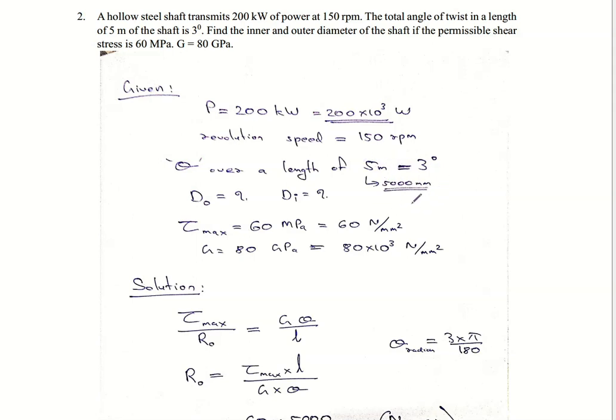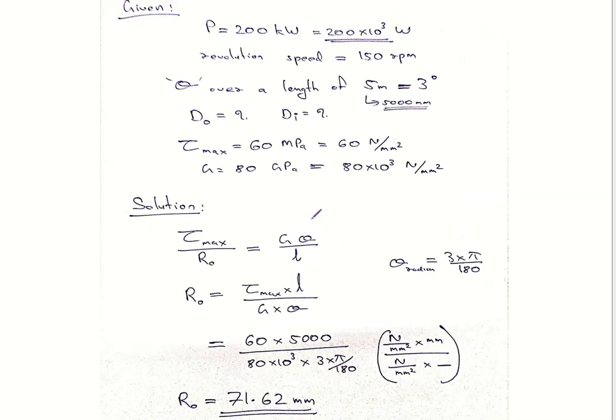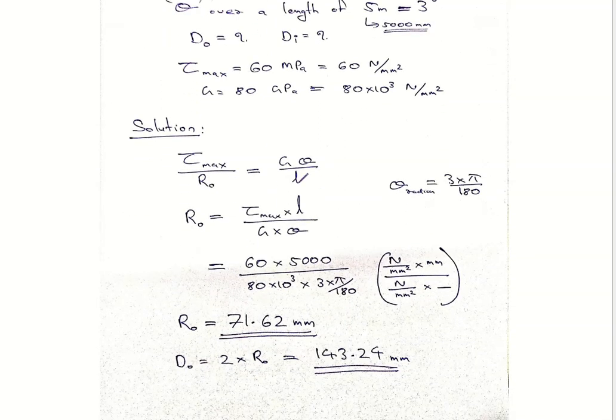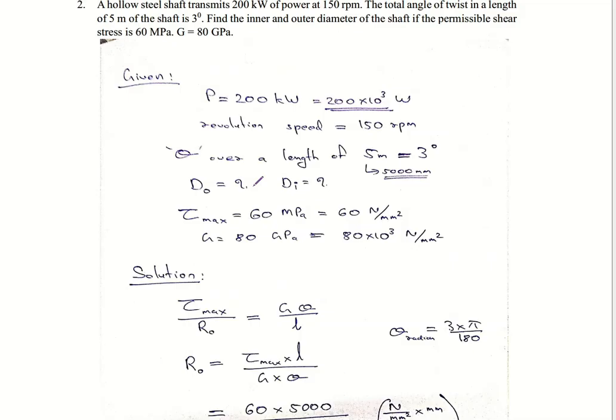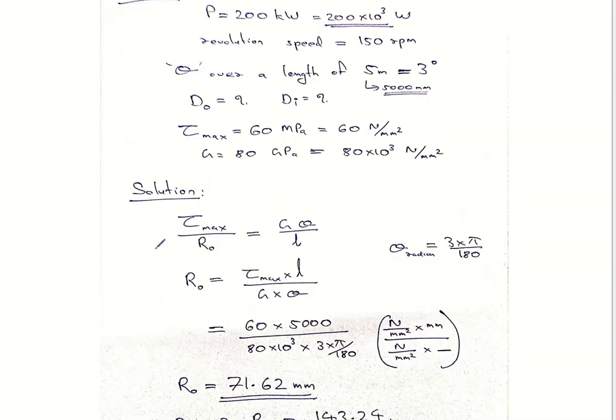We will be using it as 5000 millimeters. Tau max is 60 megapascals. Megapascals is Newton per millimeter square, so already given in our required terms. And G is 80 GPa, that is 80 into 10 raised to 3 Newton per millimeter square. And we are asked to find outside diameter and inside diameter. So for the outside diameter, first I will find one of the combinations I will use here.